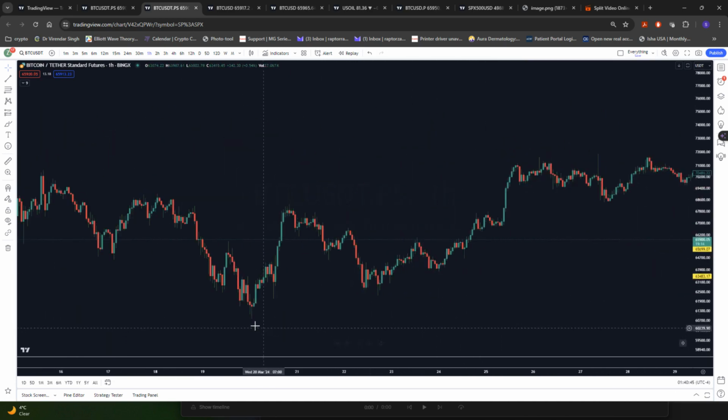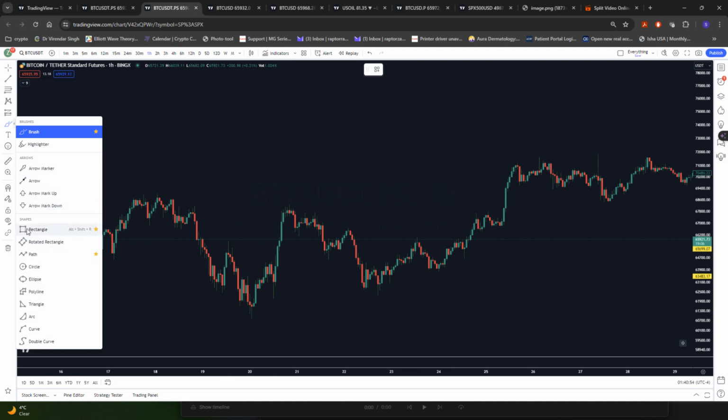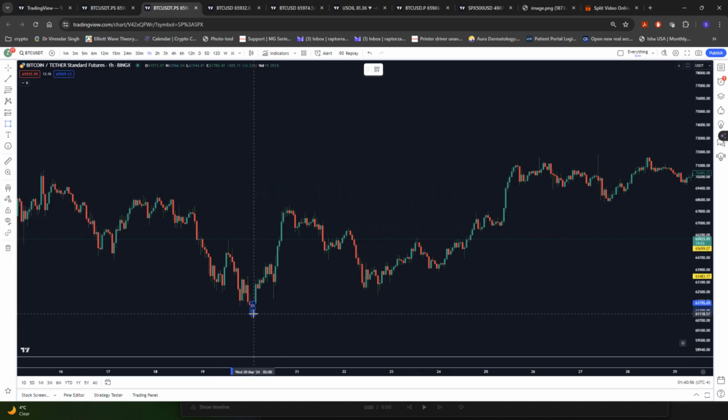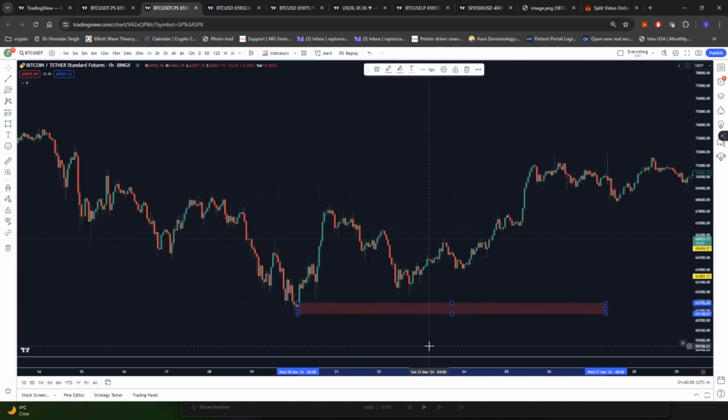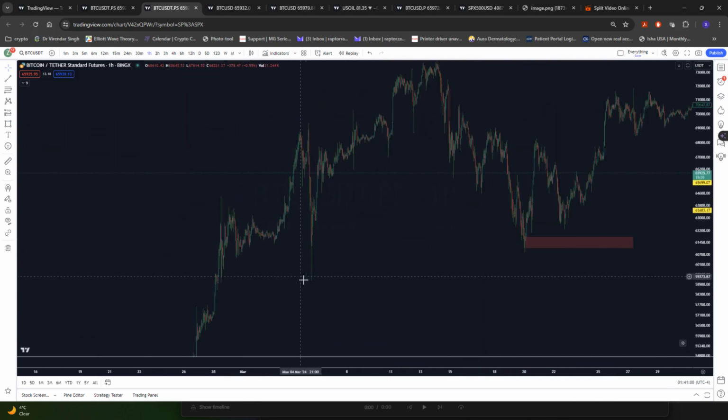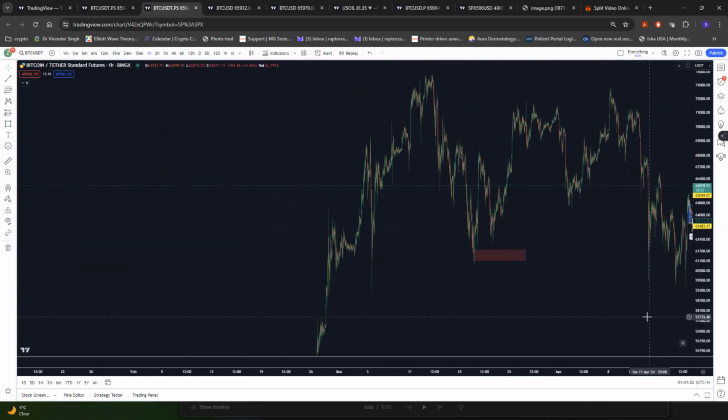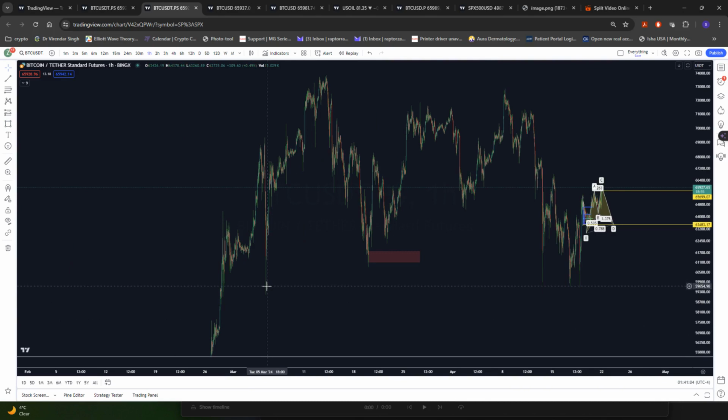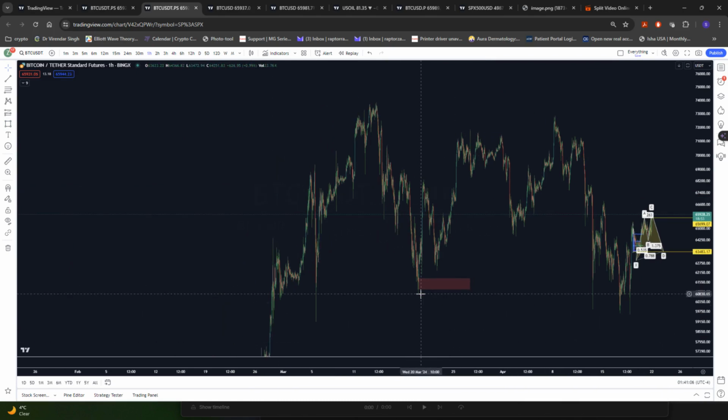So what is a demand zone? We have to understand that first. A demand zone is a place where large institutions or whales or market makers have entered and placed their orders. So for a zone to be a demand zone, large whales and institutions should be buying over there.